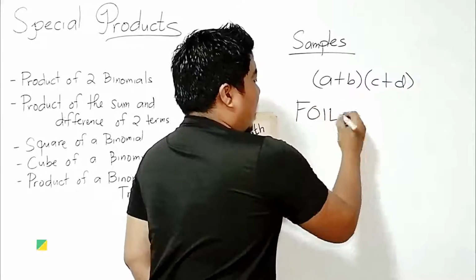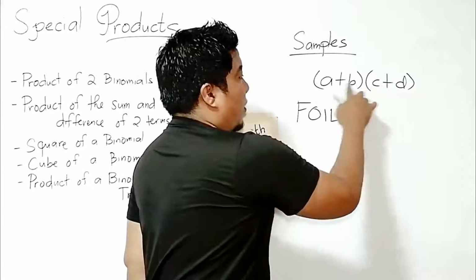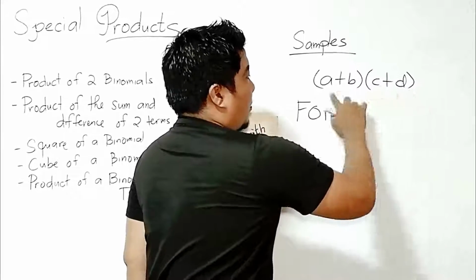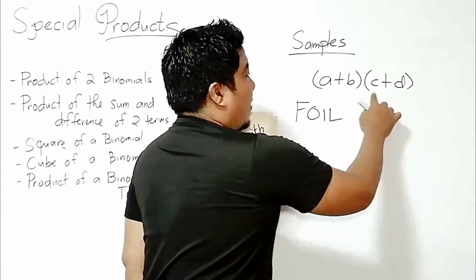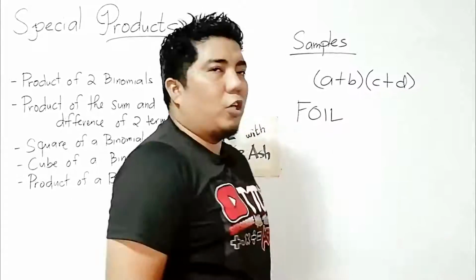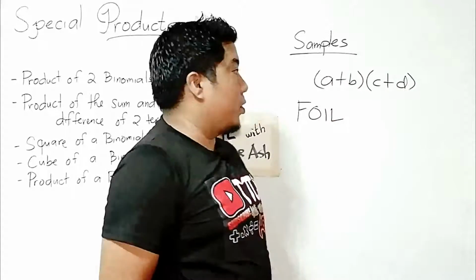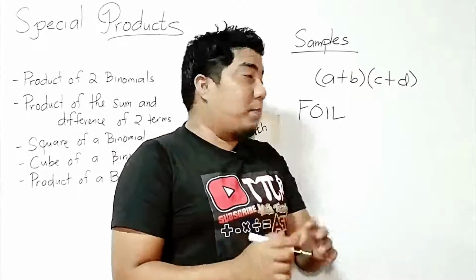That is what we know as the first terms of the binomial, the outer terms, the inner terms, and the last terms. So how do you get the value if you have this kind of problems? First, the thing you need to consider is just to put them together.